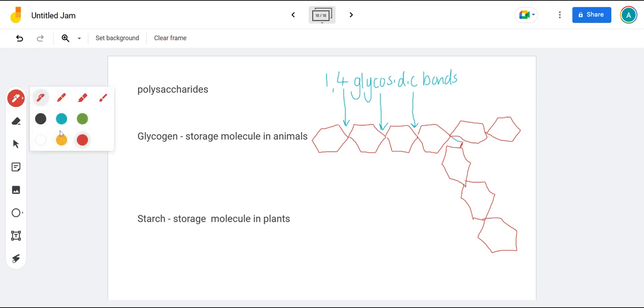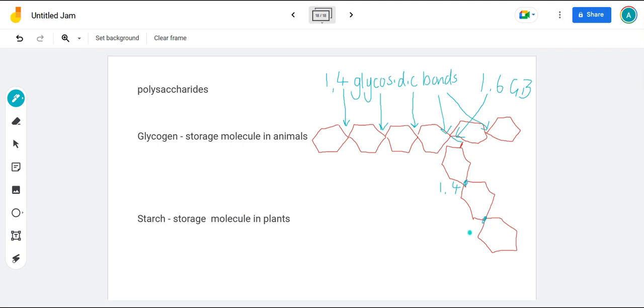And that bond there, that one, is a 1,6 glycosidic bond. Okay, can you see that? So these are 1,4, that's going to be a 1,4 just there. It's going to be 1,4 just there. So wherever it's a chain, equally that there is going to be a 1,4 just there.